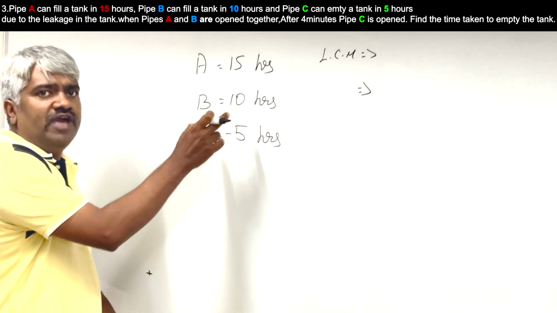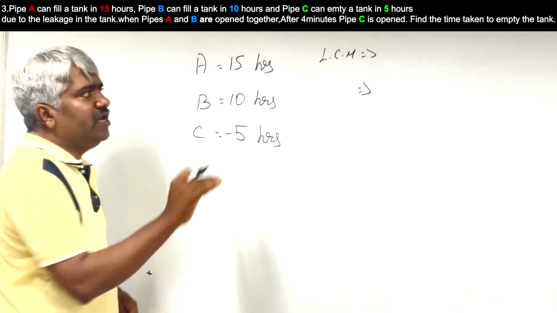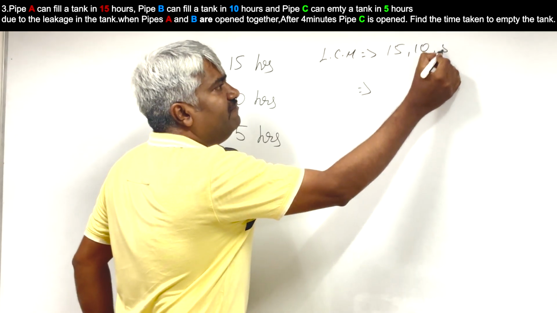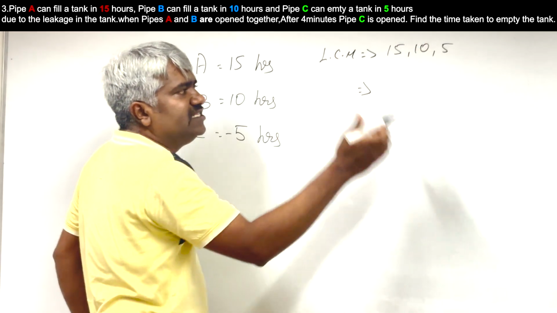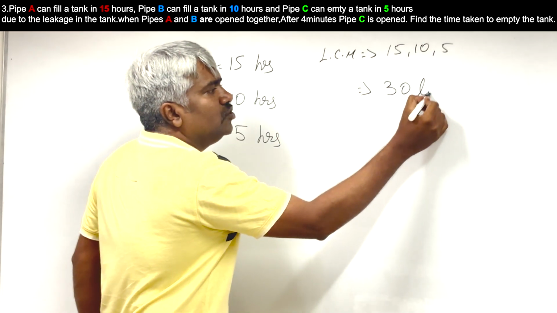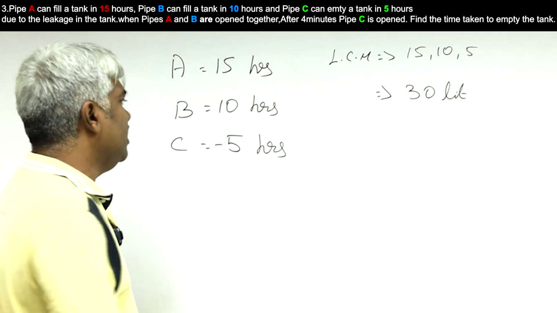Now we are going to find the LCM of these 3 data. There is no doubt in finding the LCM, because even though pipe C is going to empty the tank, you can still use the data to find the LCM. So the LCM is 30.